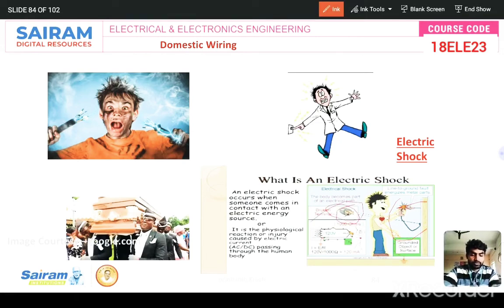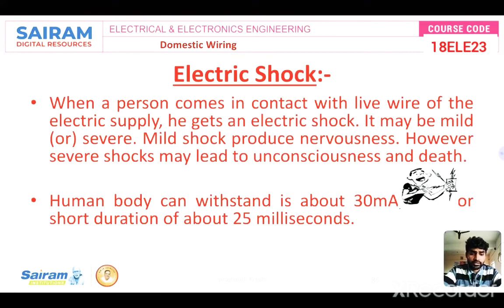If he is still operating the equipment with a high voltage, definitely he may get a shock, and the position till here will appear, okay. He may die if more shock appears, right. And in electric shock, when a person comes in contact with a live wire, they may get a shock, right. 25 milliseconds, 30 milliamps is the withstanding capacity, okay.